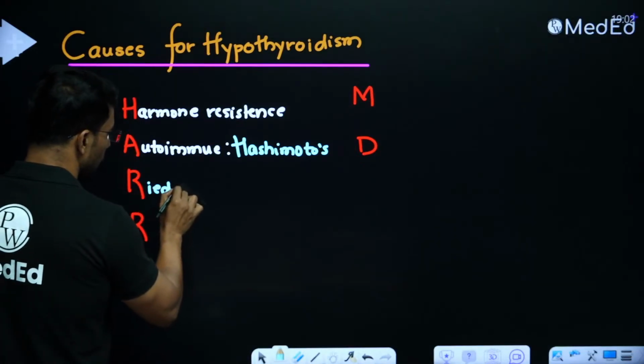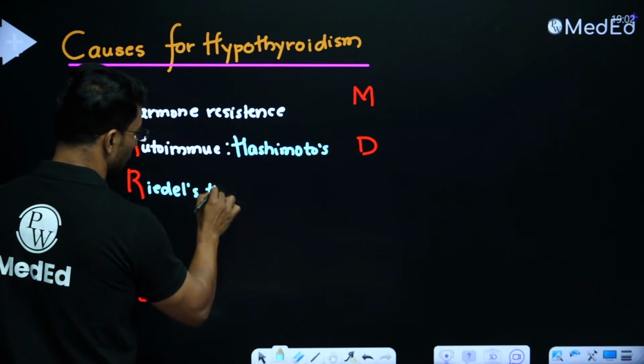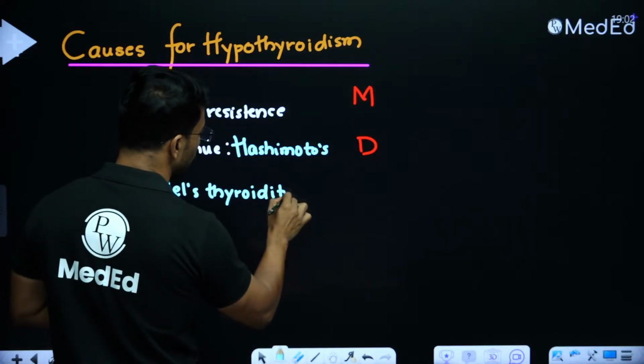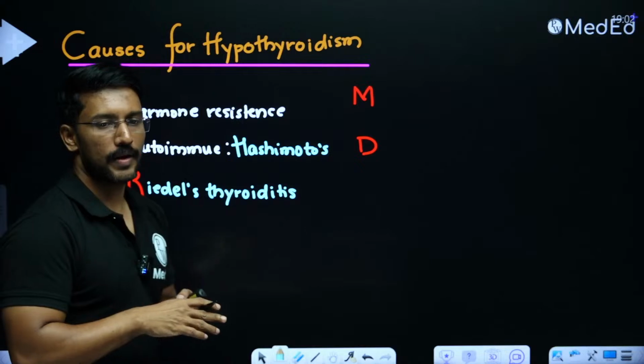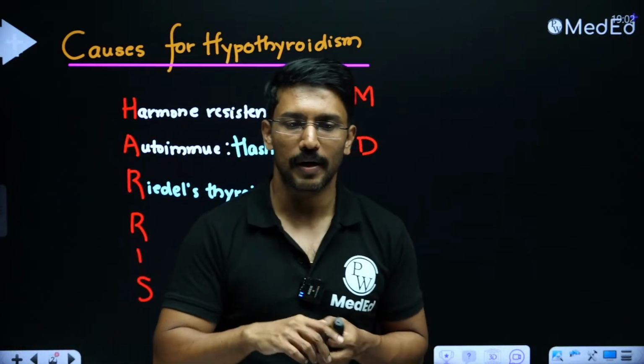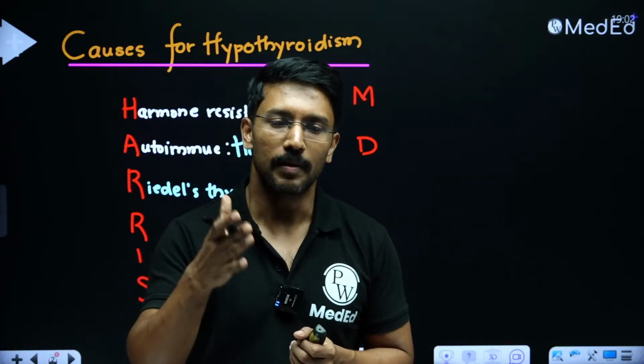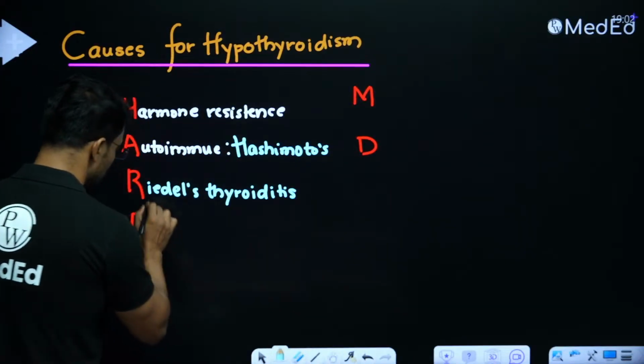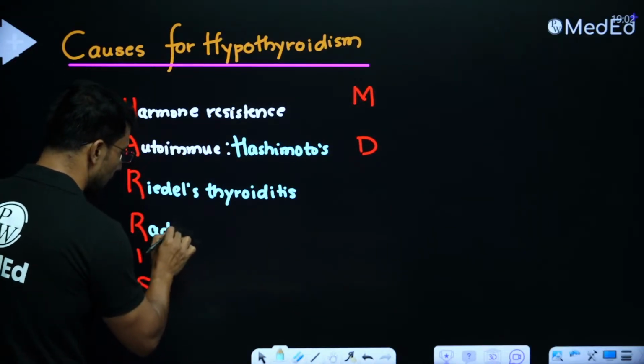Okay. Then R stands for, you might have heard about a condition called Riedel's thyroiditis, which is a form of infiltrative thyroiditis, where there is infiltration of the thyroid gland by IgG4 positive lymphocytes. Okay, so that is Riedel's thyroiditis. Then another R stands for radiation.